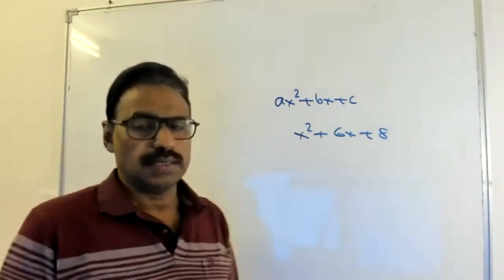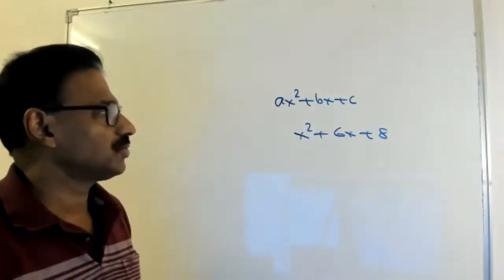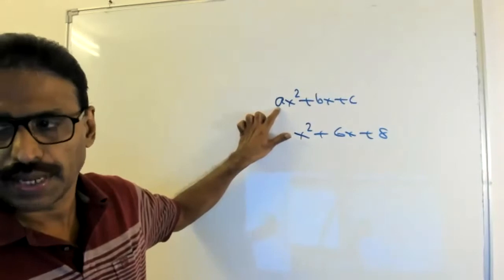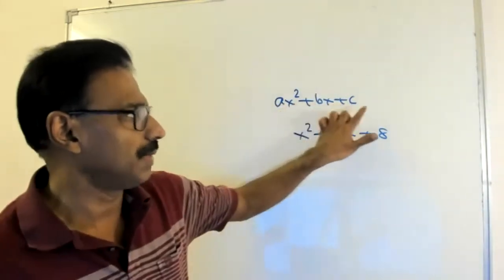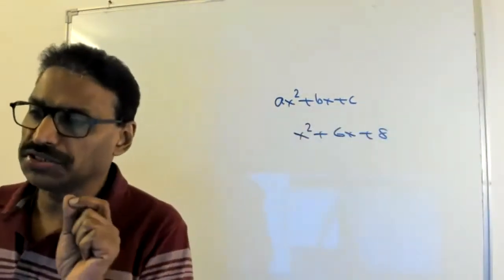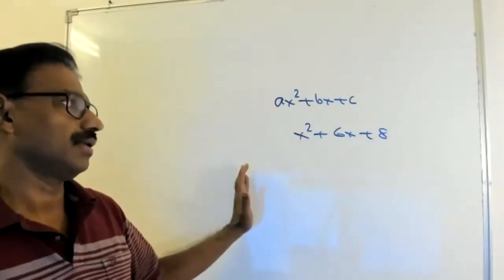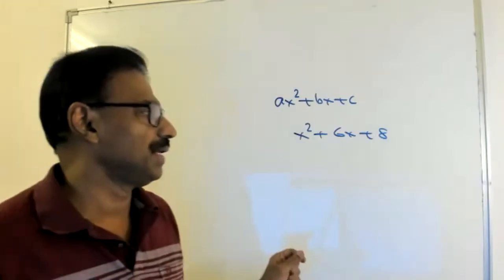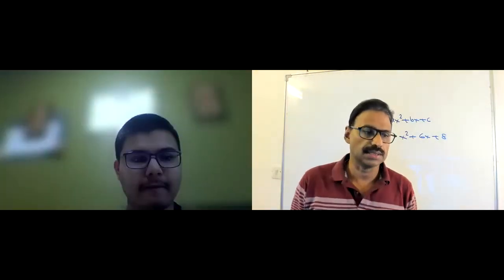Then here a is what? Listen, the basic level: ax square plus bx plus c. A means the coefficient of x square. B means the coefficient of x. C means the constant term.